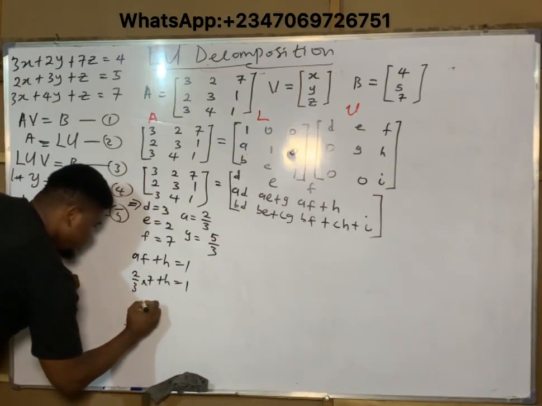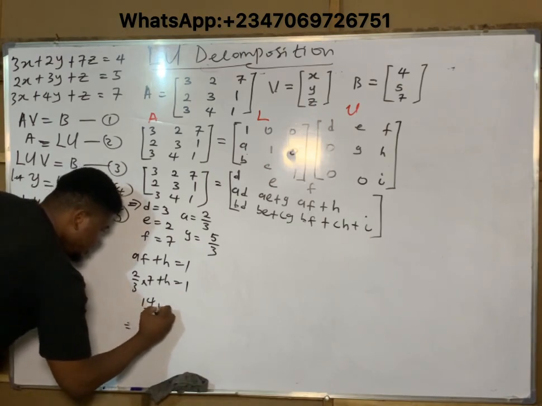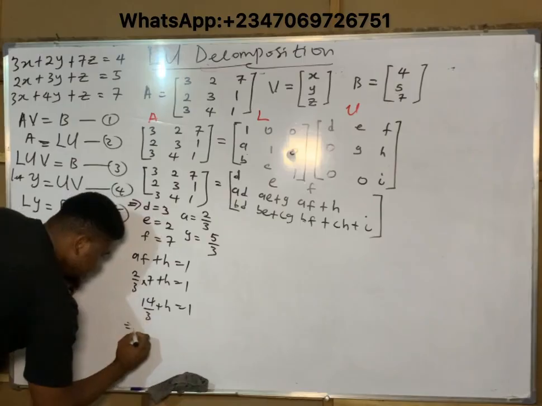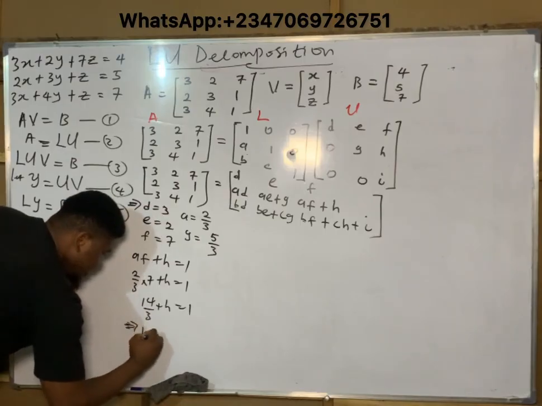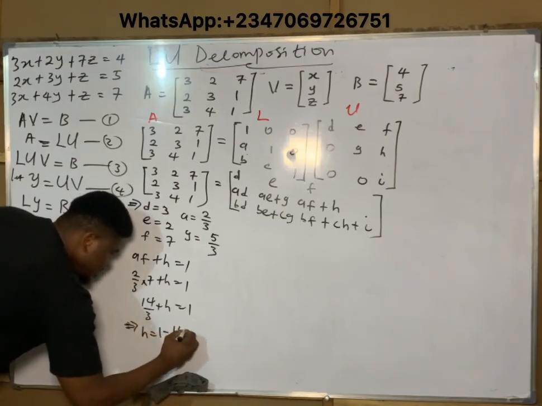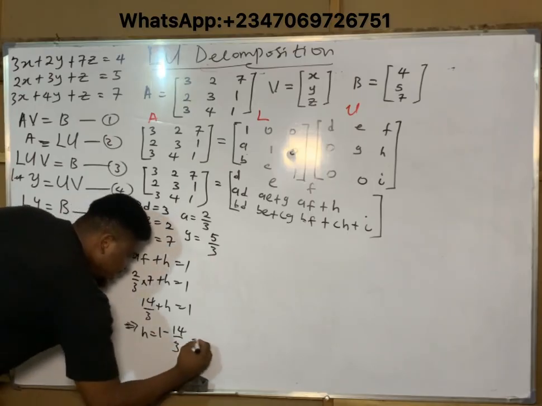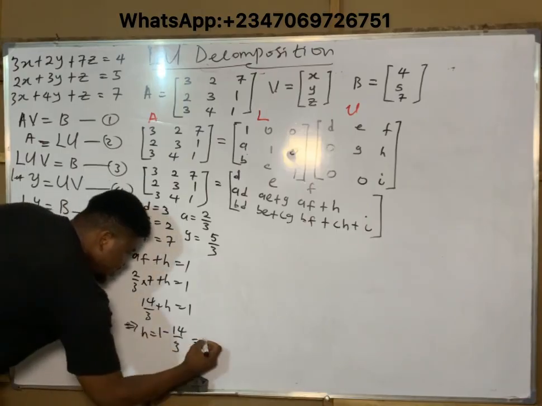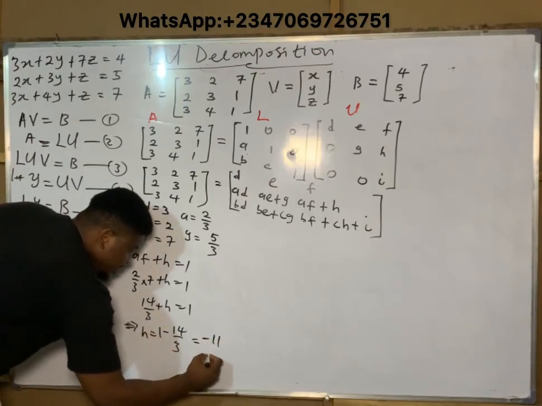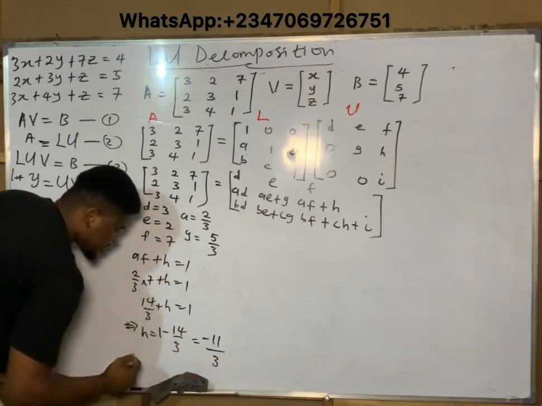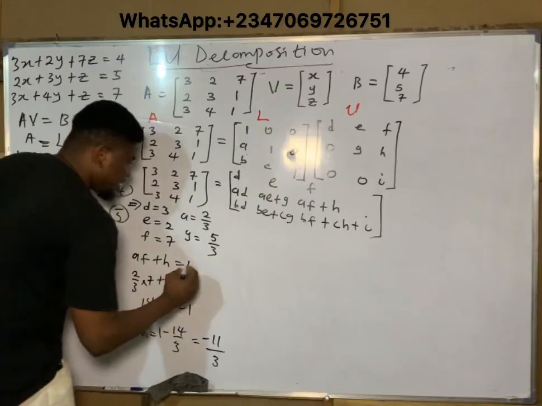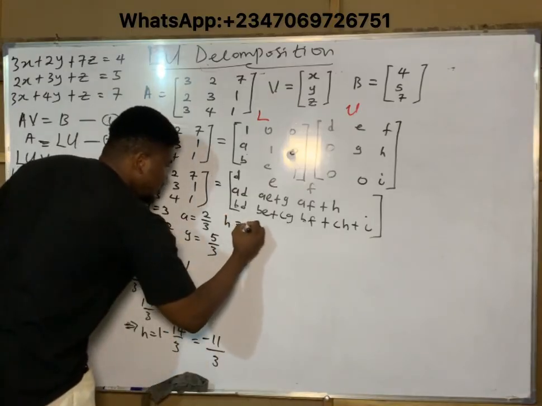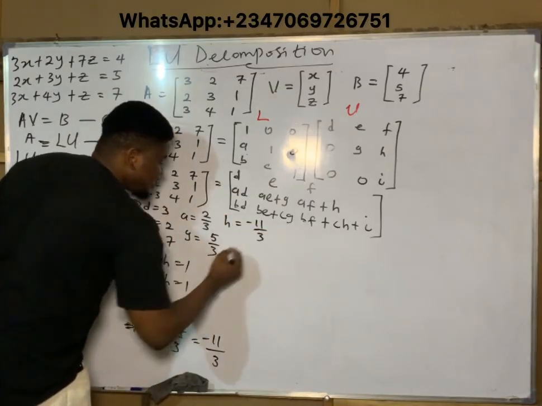So 2 times 7 is 14 over 3 plus H equals 1. This simply implies that H becomes 1 minus 14 over 3. And this is going to be equal to, so 3 times 1 is 3, 3 minus 14 is minus 11 all over 3. So it means H is negative 11 over 3. H equals minus 11 all over 3.